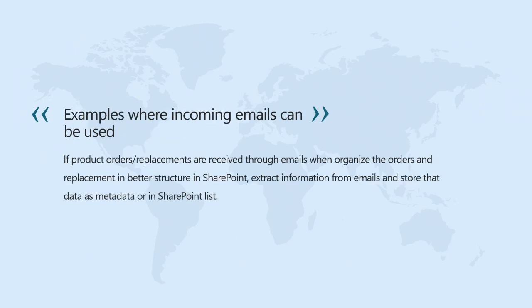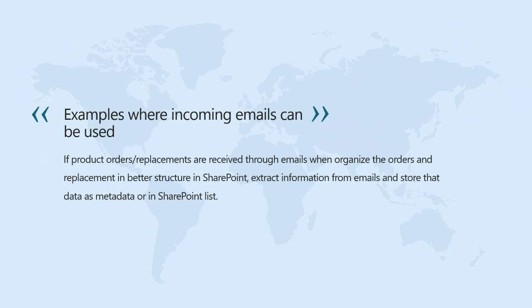So some of the examples where you can use incoming emails. For example, you are developing an app that sits over SharePoint, and your customer receives some product orders or replacements on emails. Now there are some users who need to monitor these emails. So rather than using a shared email box to monitor these emails, you can put these emails in SharePoint for better tracking and attaching more information to the emails.